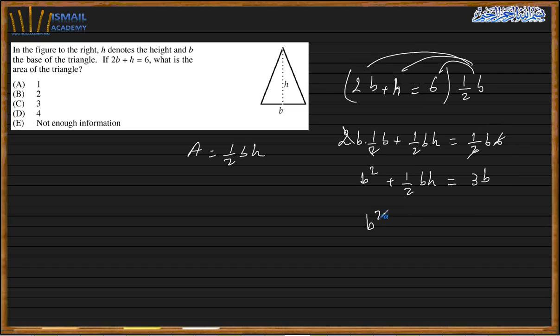So I will have b squared plus the area equal 3b. If I subtract b squared from both sides, a equals 3b minus b squared. So this is going to be my area. Okay, so what do we need here? We need the value of b to get the area. So there's something missing, which means there's not enough information. So E is my choice.